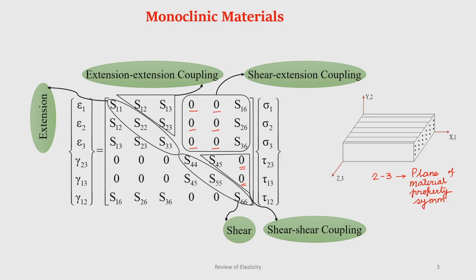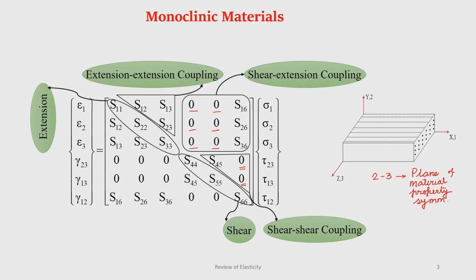So, total 8 terms from this compliance matrix become 0, leaving only 13 independent elastic constants. Okay.